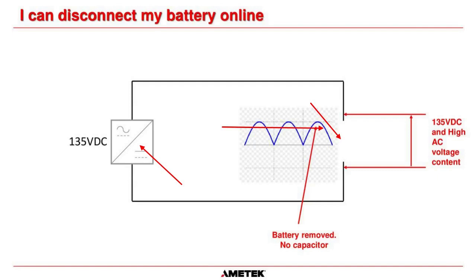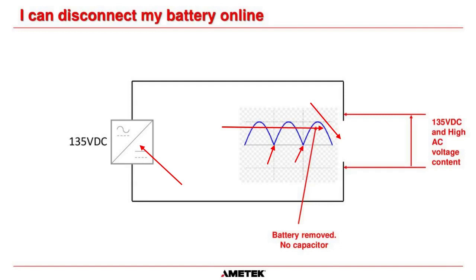If the charger doesn't have capacitors itself, your load circuits are going to see that blue waveform, what we call a pulsating DC waveform. At this point here, it goes down to 0 volts, and at this point here, it goes down to 0 volts.